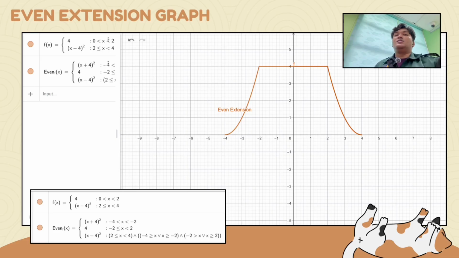For the right side, from 0 to 4, a flat horizontal line from x = 0 to x = 2 at y = 4, followed by the parabolic curve dropping from (2, 4) down to (4, 0). This graph looks perfectly symmetrical across the vertical y-axis, the same as a mirror reflection.